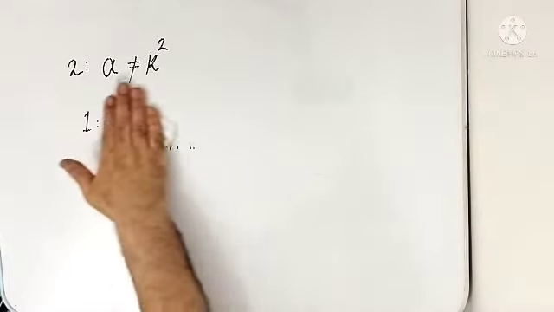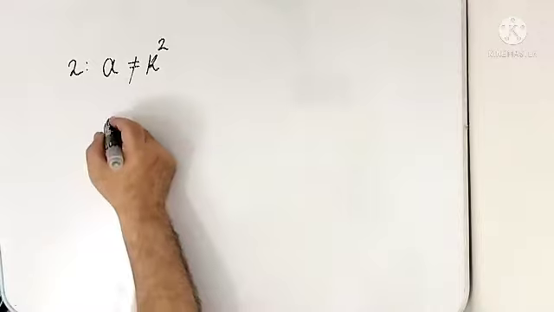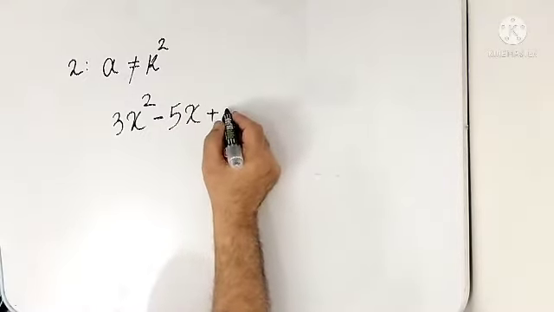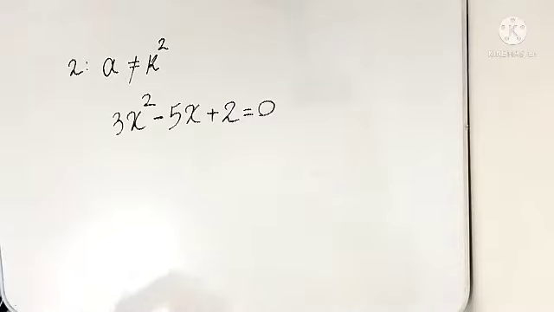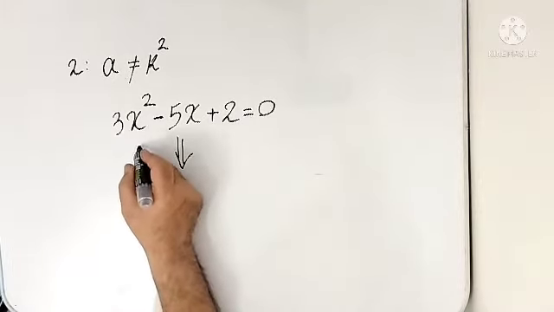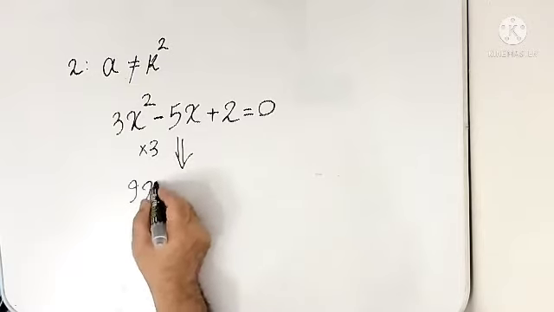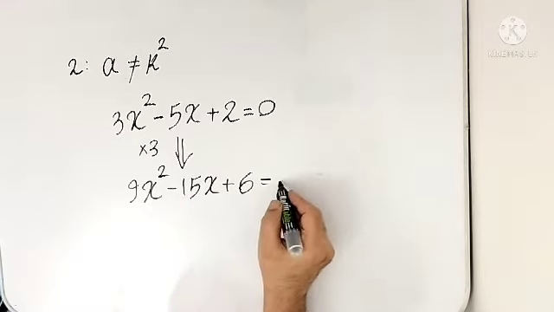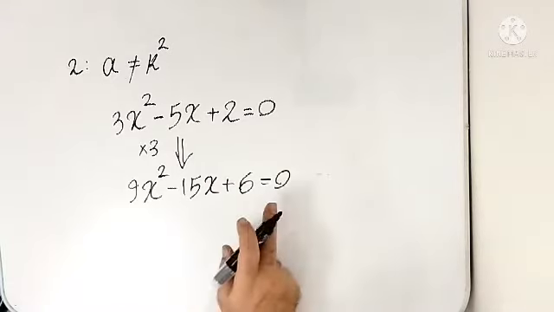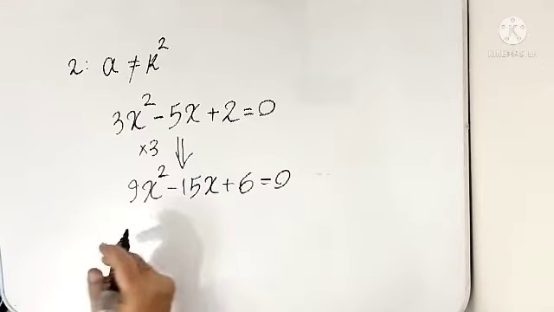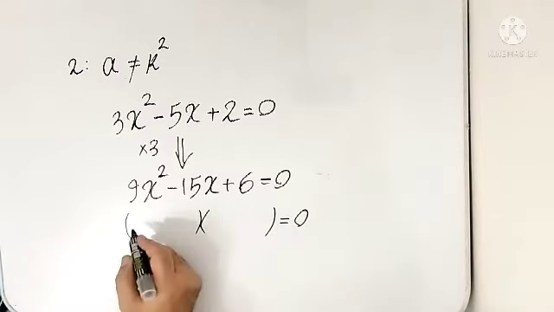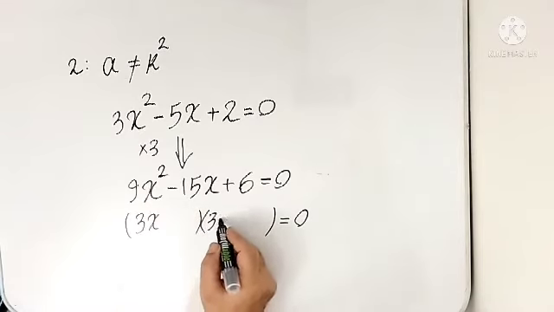For example, multiply both sides by 3. In this equation, A is a full square, so we form two parentheses that start with 3x.